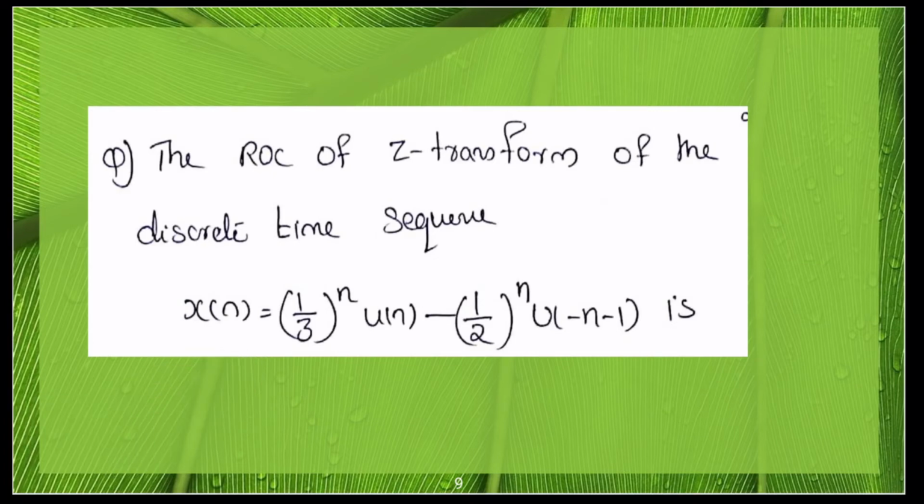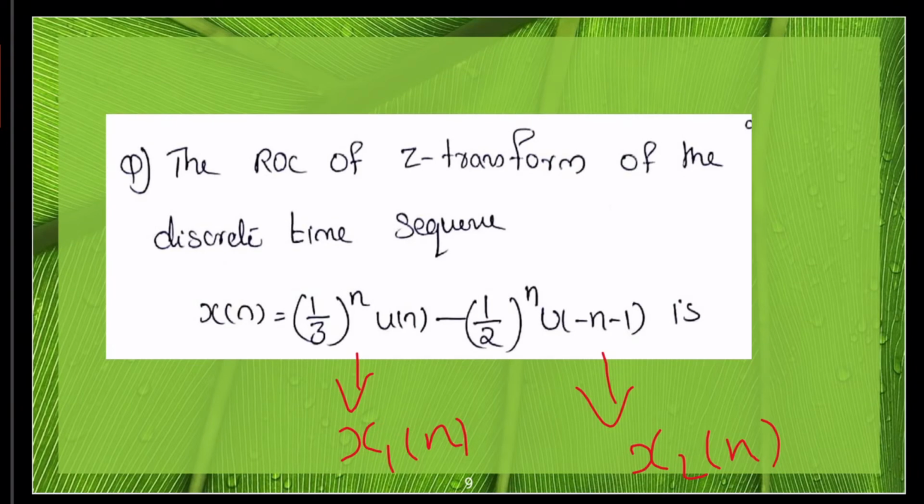Let us label this as x1 of n and this as x2 of n. Now we are going to find out Z transform and ROC of x1 of n first, then that of x2 of n. Finally, we combine these two to get our desired ROC of x of n.